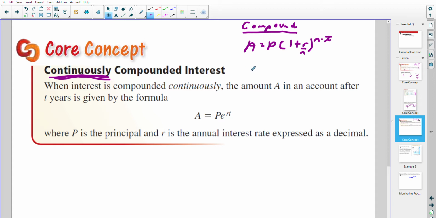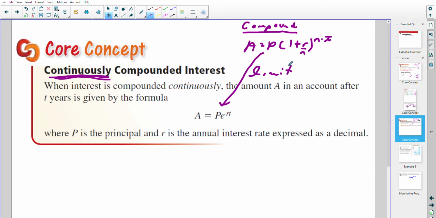Now, when you have continuous compounding, that means your n is going to grow to infinity. It's going to be compounded every millisecond. Now this equation right here can be done with a limit, as we could change this.